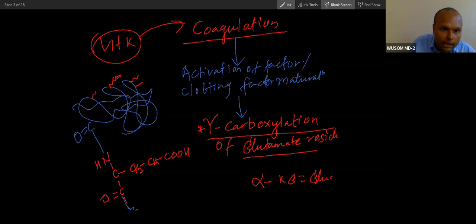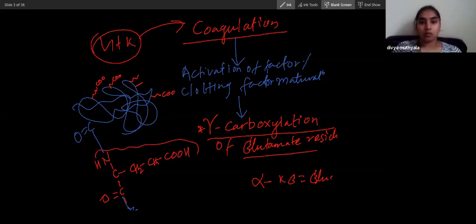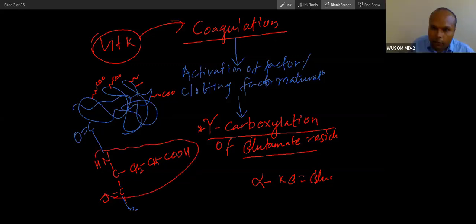Because the 1 carbon and 2 carbon, NCC, you know, are part of the protein chain backbone, and 1 nitrogen is part of this backbone. So 3 carbon will be free, 1, 2, 3 carbon. Did you understand? Can you write glutamate residue like this? Yes, sir. Okay.